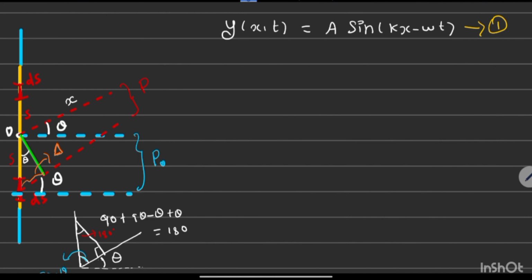The displacement of a wave moving along the x direction at a particular time t is expressed using the standard wave equation of this type. Now if I find the infinitesimal displacement at a point P for a wave that is propagated from the point O from an infinitesimal plane wavefront of width ds, it can be represented using this expression.